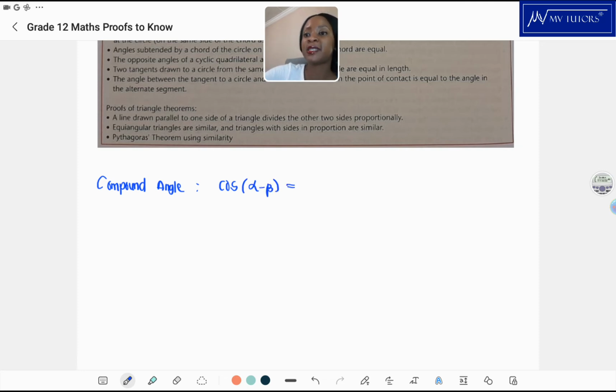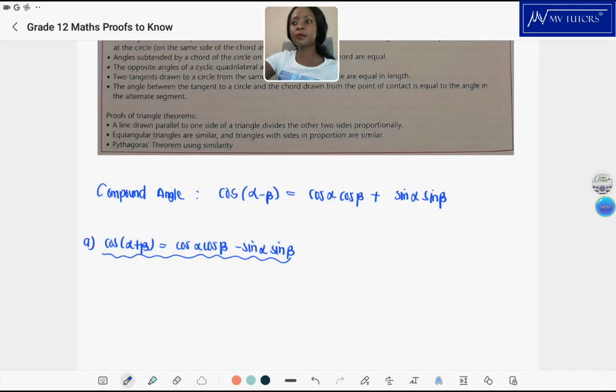How do we know that it's actually cos alpha cos beta plus sine alpha sine beta? What are we going to do to show and prove that? So the compound angle cos alpha minus beta is equal to cos alpha cos beta plus sine alpha sine beta.